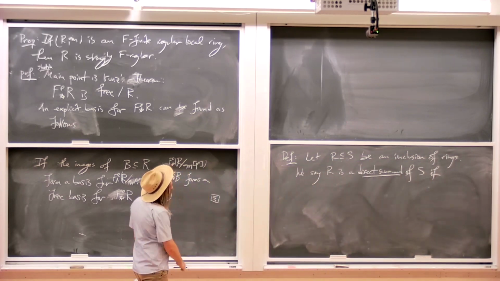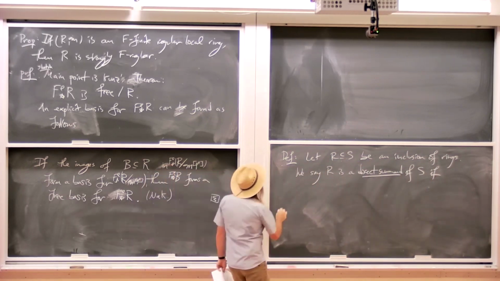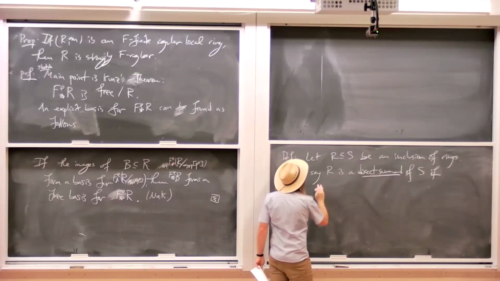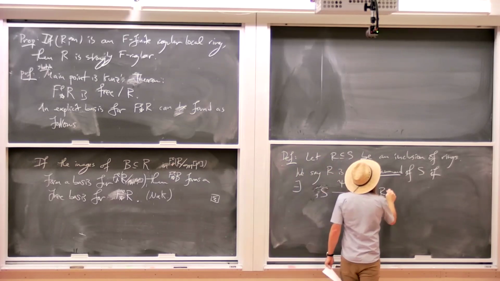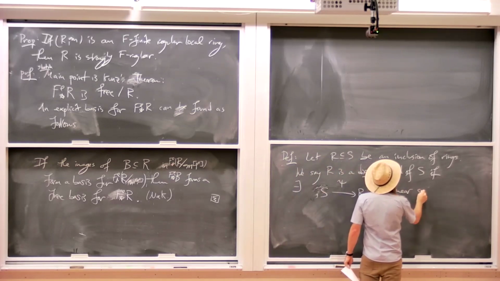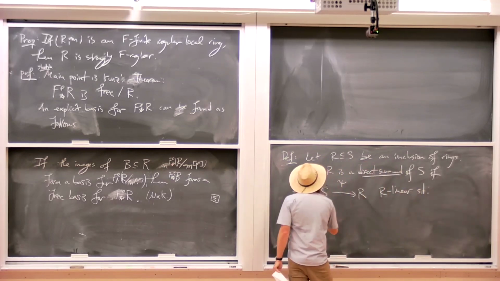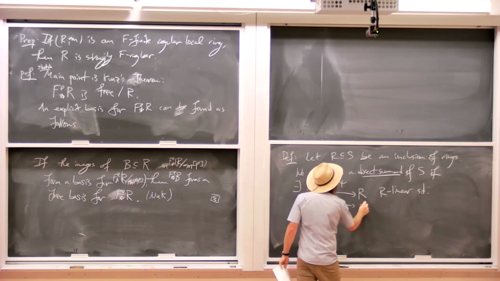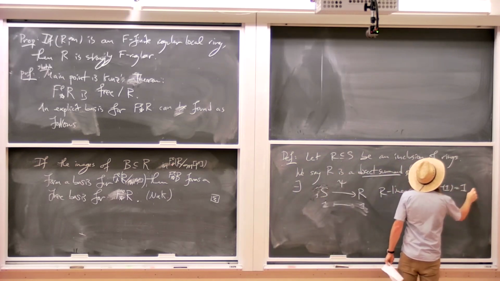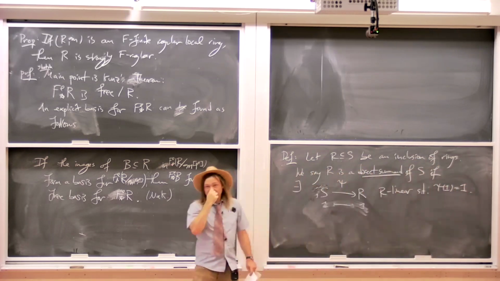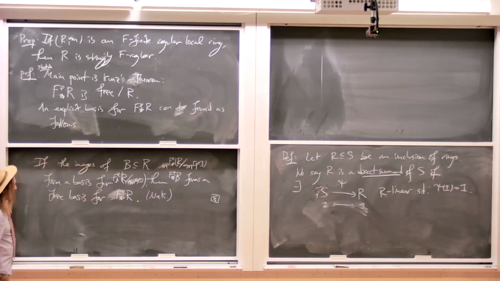Given an inclusion of rings, we say that R is a direct summand of S if there is an R-linear map that sends 1 back to 1.